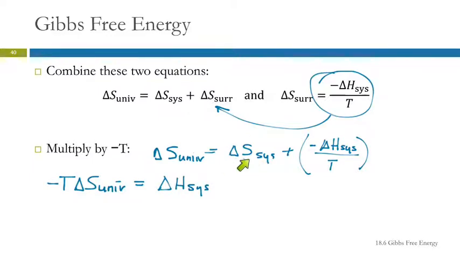And then when I multiply this one by negative T, I get negative T delta S for the system. So multiplied by negative T. So the signs on all of these change. So this becomes negative, this is negative, this one's positive now. And that T went away, but now I added T's over here, and there's a reason for that.